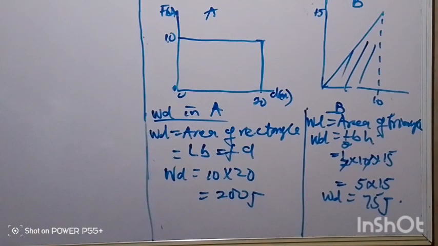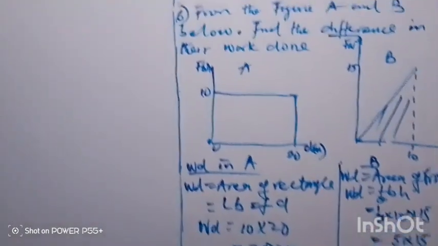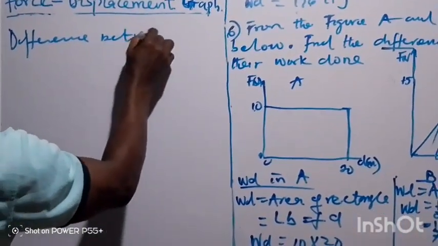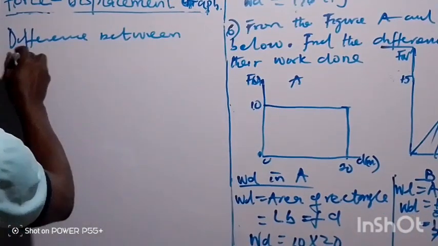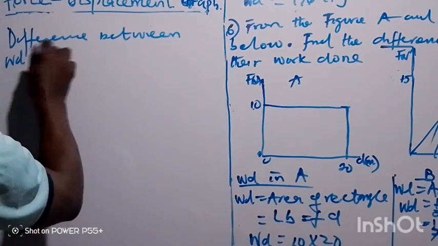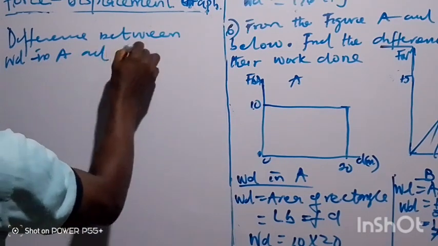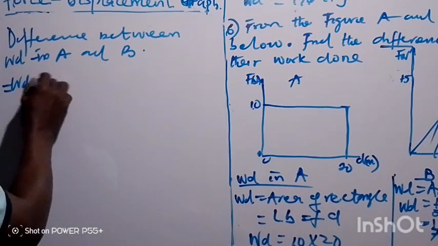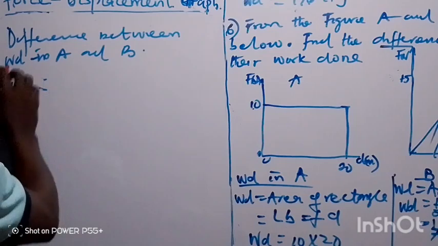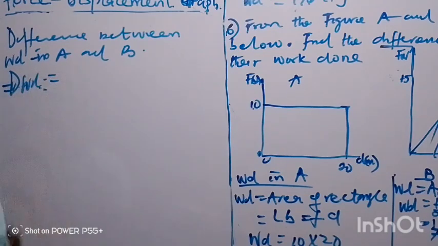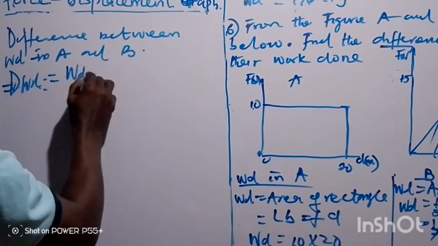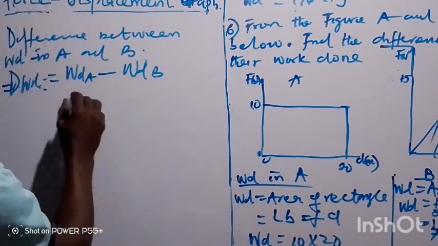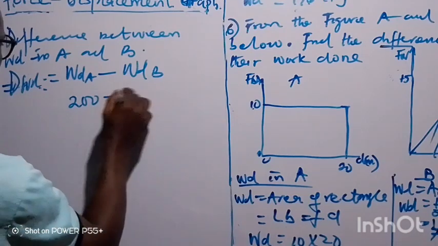Now, to find the difference between work done in A and B, the difference in work done is equal to work done in A minus work done in B. Work done in A is 200 joules, minus 75 joules.